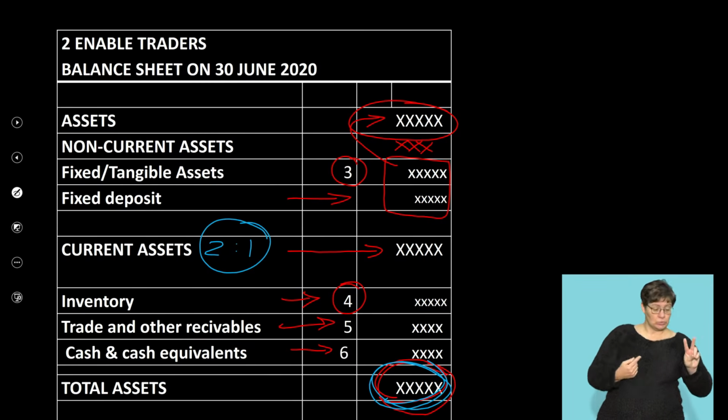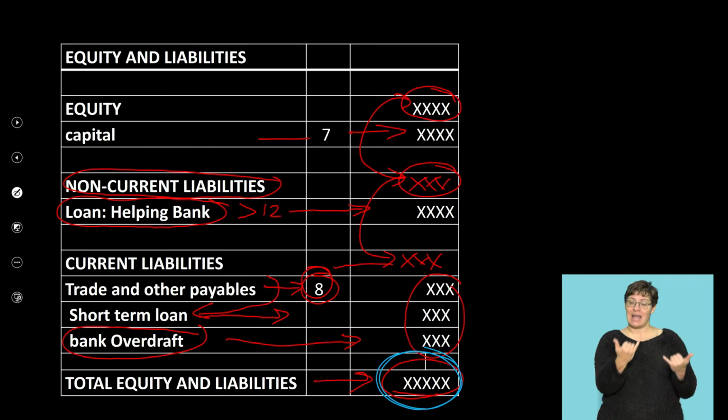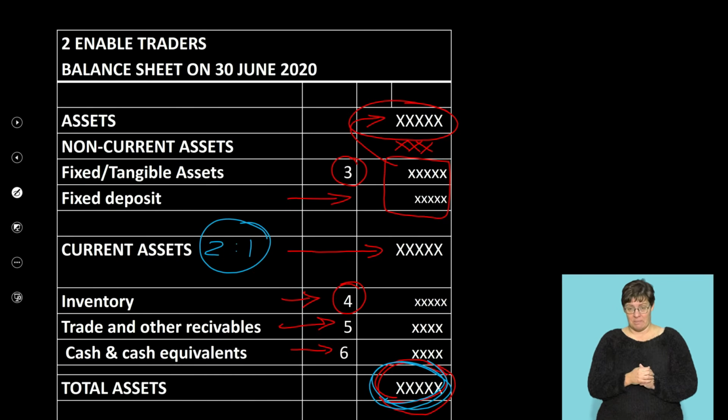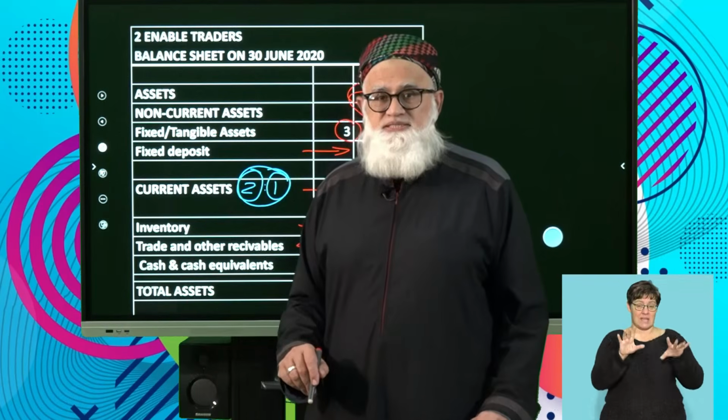You could be asked to work out your current liabilities as a missing figure. So if you are given the current assets as 2, you know your current liabilities is 1, and you can use that ratio to find a missing figure. Keep that in mind. Very, very important for examination purposes.